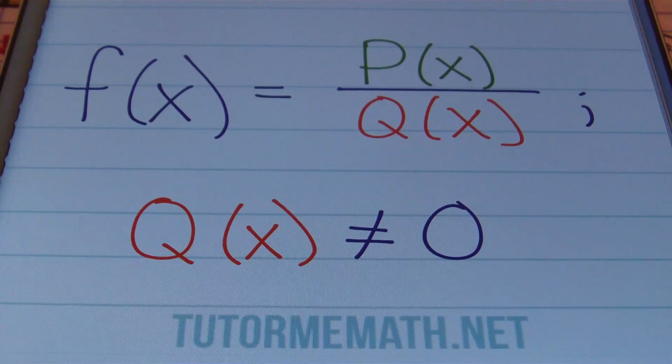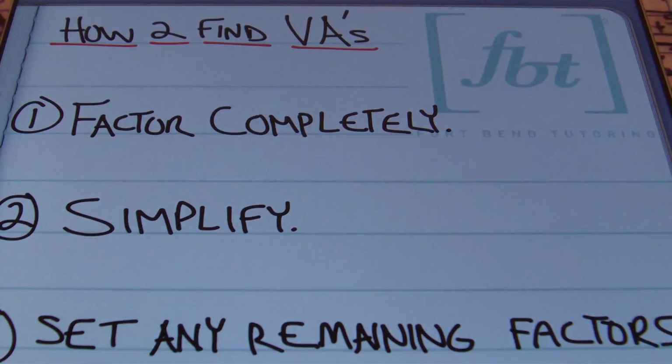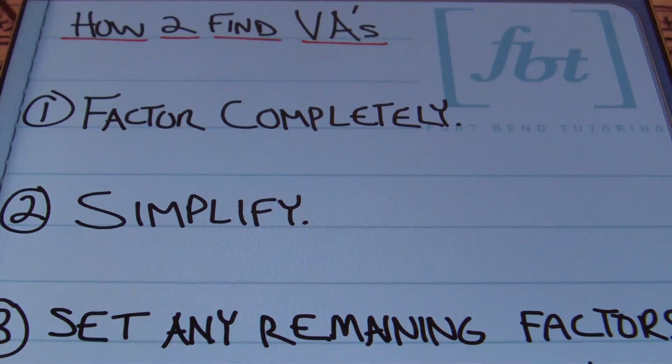Because a rational function is a fraction, many of the rules that apply to fractions also apply to rational functions. Alright, let's go over how to find vertical asymptotes. The first thing you want to do is take your rational function and factor it completely. From there, if it's a reducible rational function, meaning that you can simplify it, go ahead and do so.